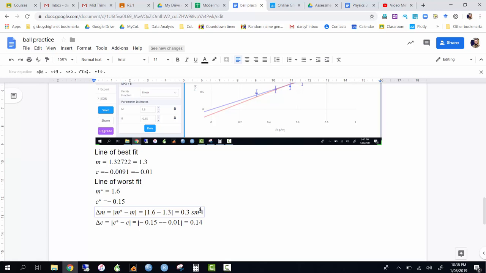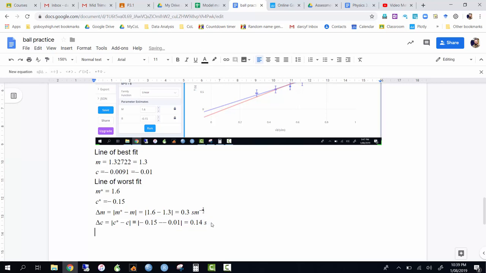So in fact it's to the minus 1/2, because it's seconds per square root meter. And obviously the y-intercept is just plain old seconds.